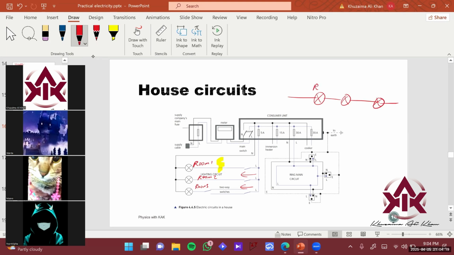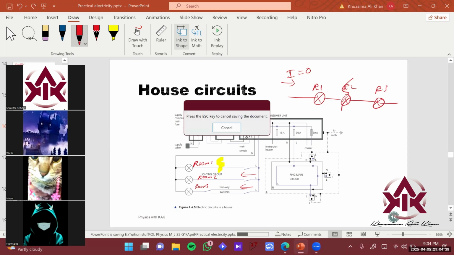This is room one, this is room two lighting, this is room three lighting here. So if any room basically has a fault, the current basically stops to flow and all the rooms are basically down. All the rooms basically are disturbed over here. So we basically design circuitry for your house in parallel way, such that if you have a fault in any one room, the other rooms are basically working fine.